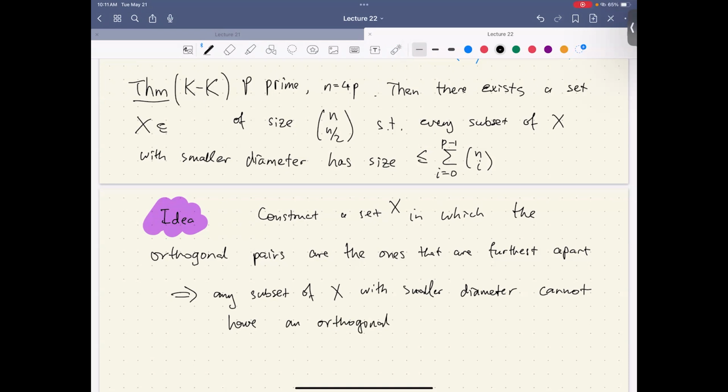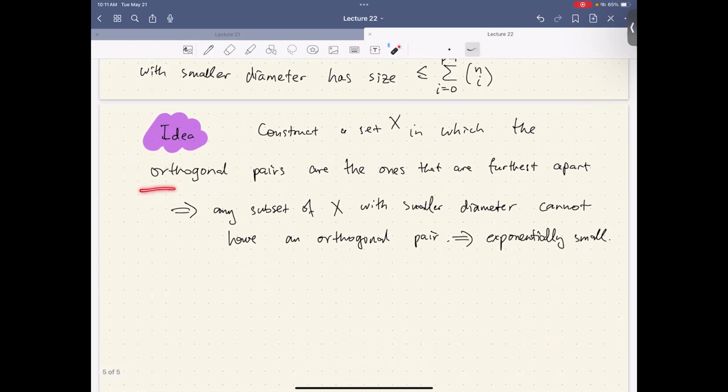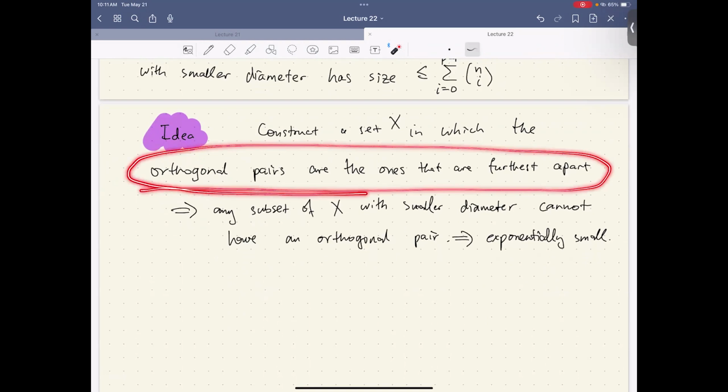And we've seen in the previous application of Frankl-Wilson that the sets with no orthogonal pairs are exponentially small. So we are in good shape, and we will be done. Let's look at whether this is the case.